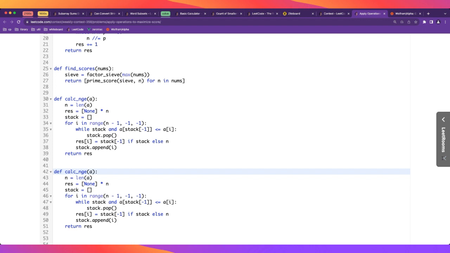So I think the easiest way to do this is to copy paste. I tried to make some reusable function for both, but I didn't quite manage to have a simple interface. So instead of next, this is going to be previous greater element.